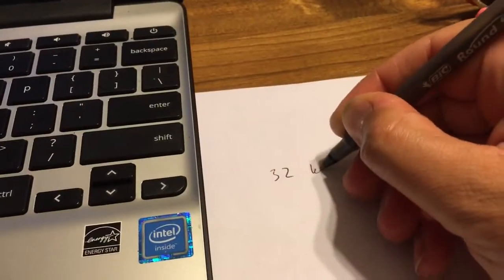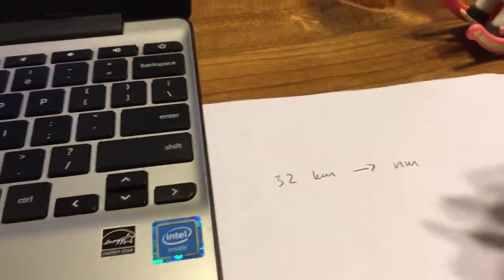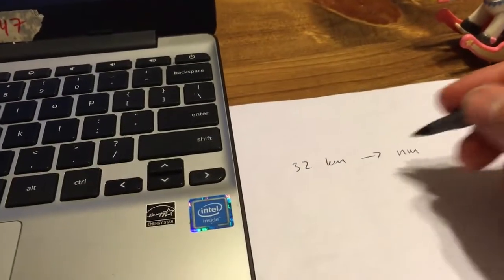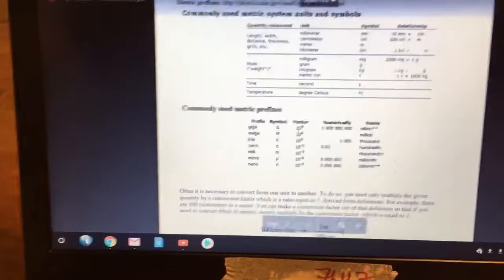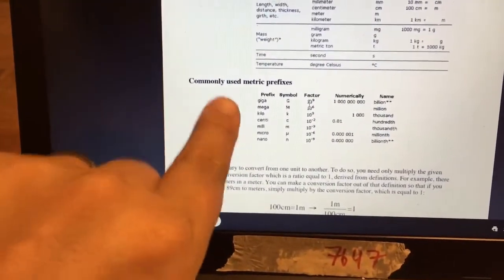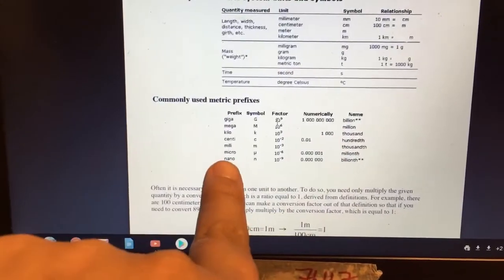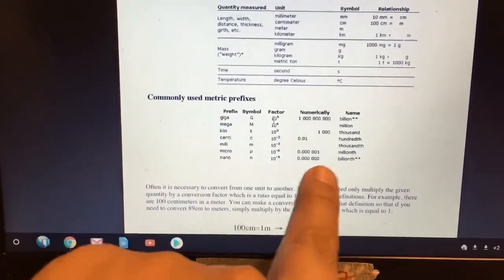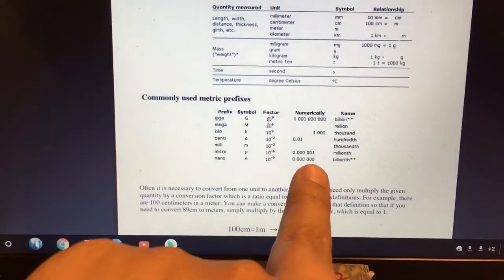32 kilometers to nanometers. To convert from kilometers to nanometers, if we go back up here to our metric prefixes, we can see that kilometers means 1,000 meters, and nanometers means 1/1000th of a meter, or 0.000000001 meters.